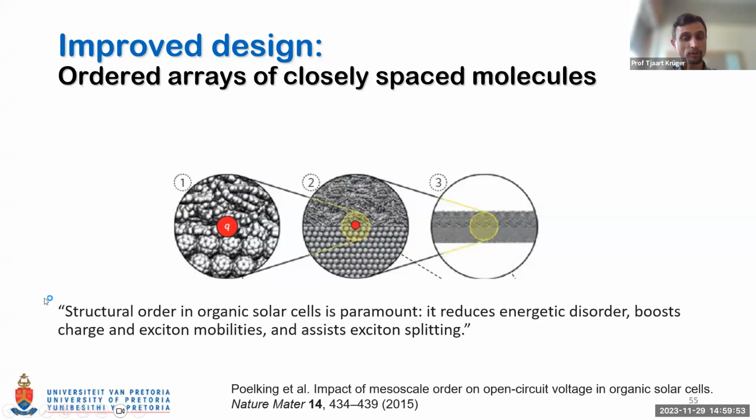Just to quote from the paper, the structural order that was now imposed in this system is paramount. It reduces energetic disorder, boosts charge and exciton mobilities, and assists exciton splitting. So just showing again one way of how we can get inspiration from natural systems in order to overcome some challenges or improve some aspects.